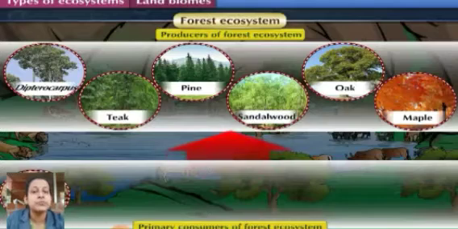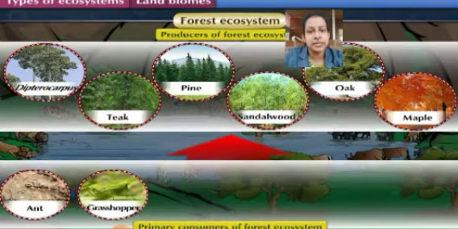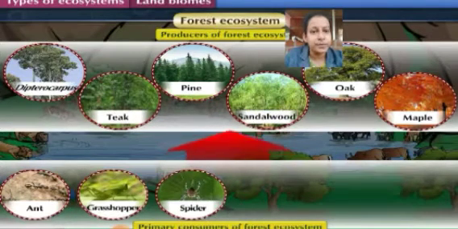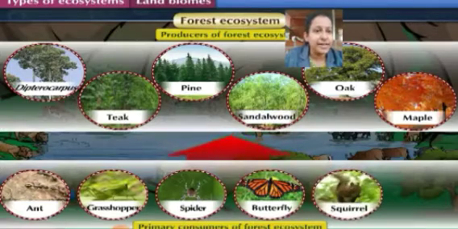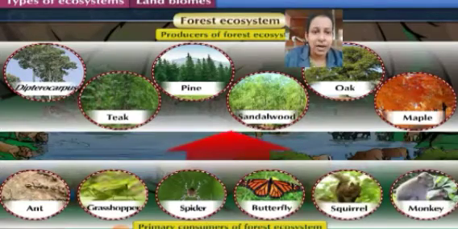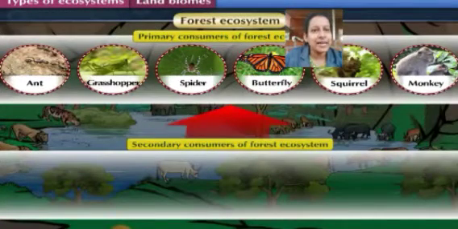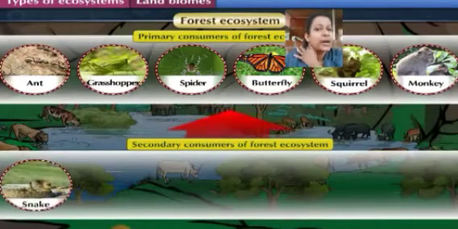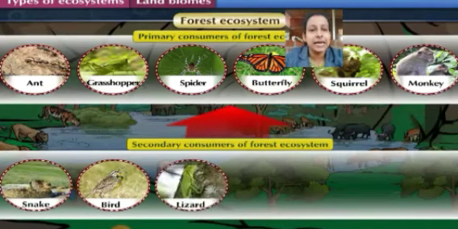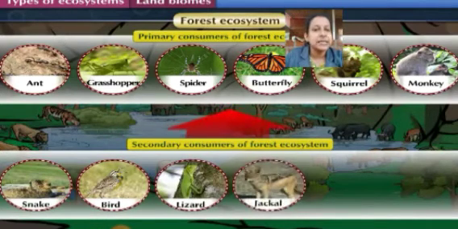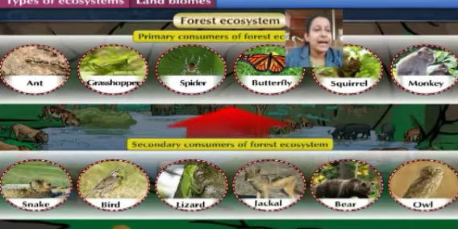The primary consumers of the forest ecosystem are ant, grasshopper, spider, butterfly, squirrel, and monkey. Whereas the secondary consumers, who depend upon primary consumers, are snake, bird, lizard, jackal, bear, and owl, which feed on primary consumers.